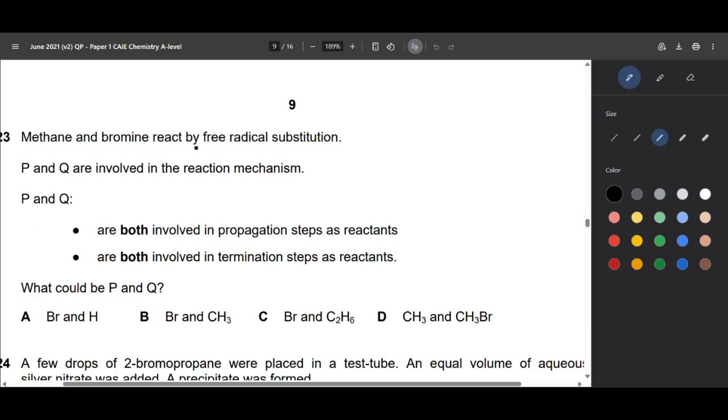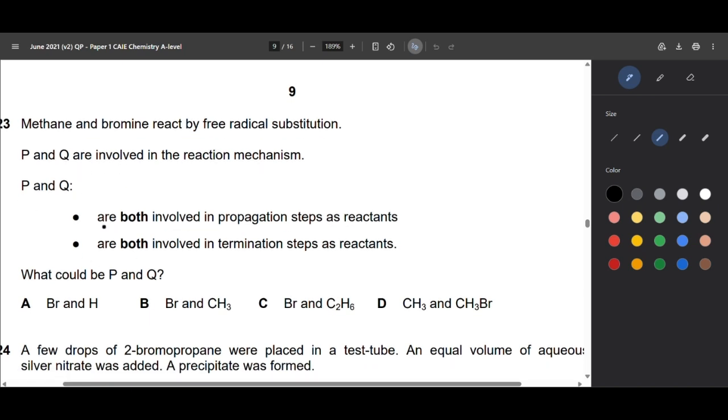Methane and bromine react by free radical substitution. P and Q are involved in a reaction mechanism. P and Q are both involved in propagation steps as reactants and both involved in termination steps as reactants. So in the propagation stage, there are two radicals that act as reactants or attackers, namely the bromine radical and the methyl radical.